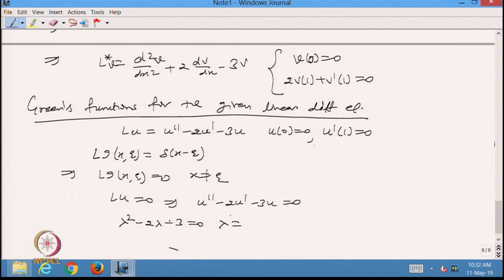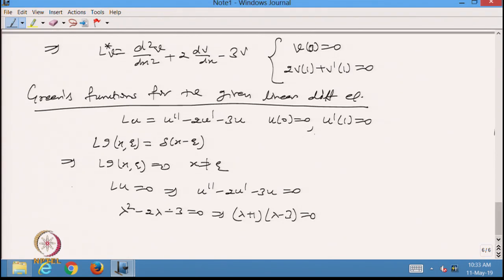If I want to factorize this, it gives me (lambda plus 1)(lambda minus 3) equal to 0. So, this is lambda squared minus 3 lambda plus lambda minus 3. So, from here I can find out my Green's function.